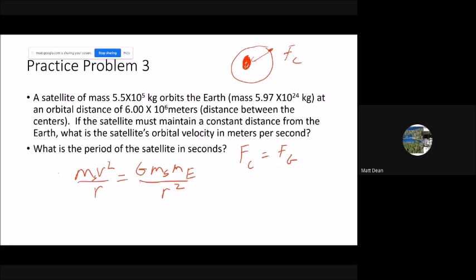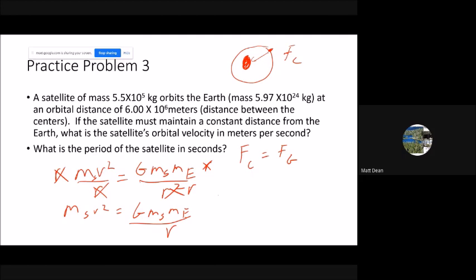So first thing I'm going to do is multiply both sides by r. Cancels over here. One of these cancels with one of these. So now that leaves me with m_s v squared equals G m_s m_e over r. Only one of those canceled out. So now I can see that I've got mass of satellite on both sides, so those cancel out.